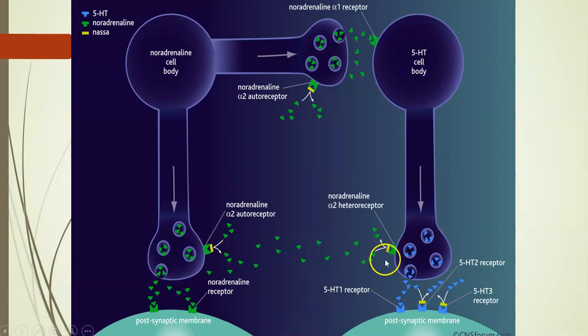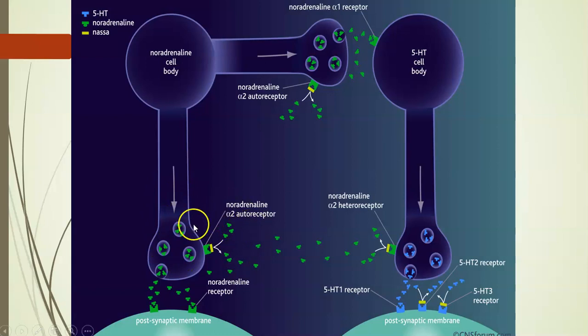Now this receptor is called a heteroreceptor because on top of the fact that it can regulate negative feedback for serotonin release, remember this is a serotonergic neuron, it can also be regulated by the noradrenaline release from the noradrenergic neuron here.